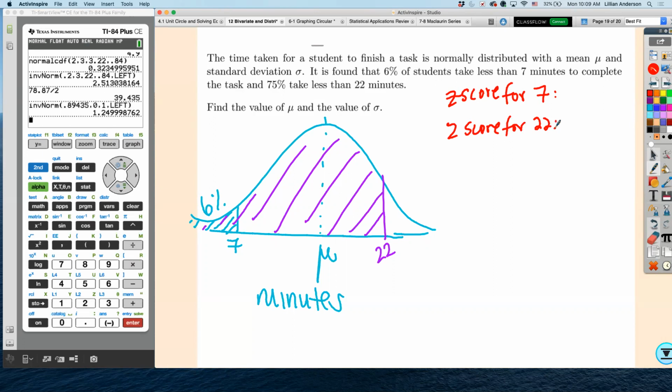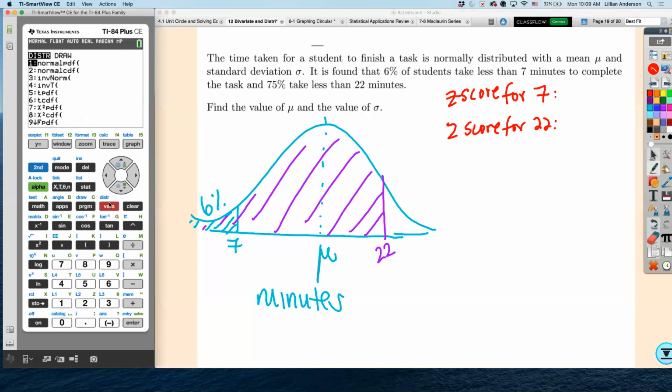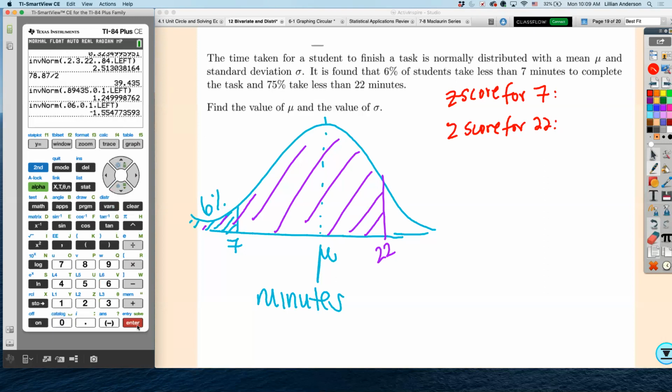Okay? So again, since all these represent the area to the left, I don't have to worry about it. If I had an old school calculator, but I go to second bars, inverse norm. I'm gonna do the one for 7 first. So I'm gonna use 0.06, mean is 0, standard deviation is 1. And that's gonna be the corresponding z value for 7.